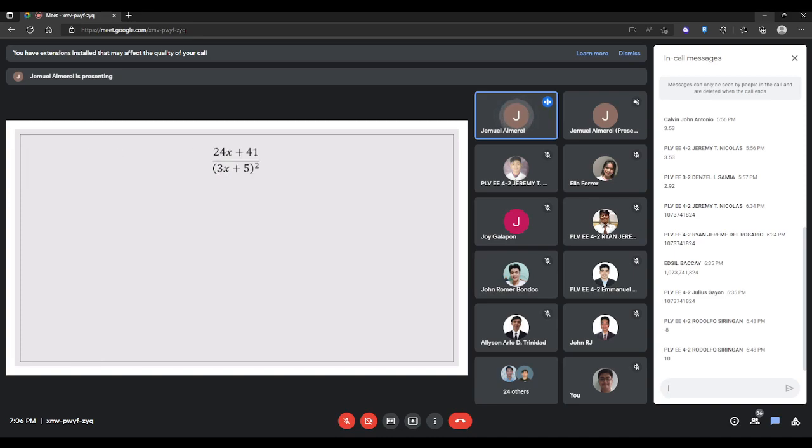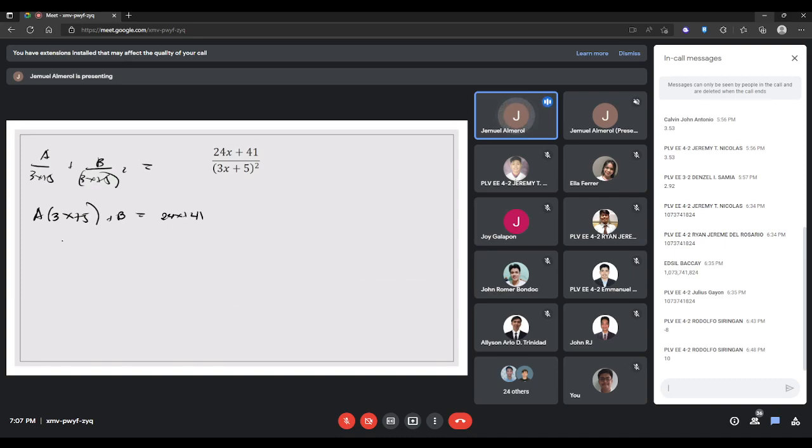Tayo. 24x plus 41 over 3x plus 5 squared. So a over 3x plus 5 and then plus b over 3x plus 5 squared. So we have a times, so madali ng tanda, no? Matitira sa kanya plus b is equal to 24x plus 41.